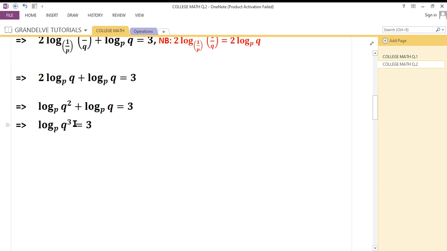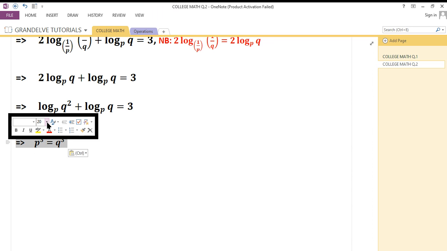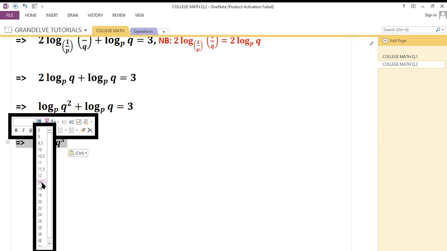Now we need to find the antilog at the left hand side, so that we will have it in an exponential form. Thus, we must convert the log expression to indices, and in doing that, we have p to power 3 equal to q to power 3.